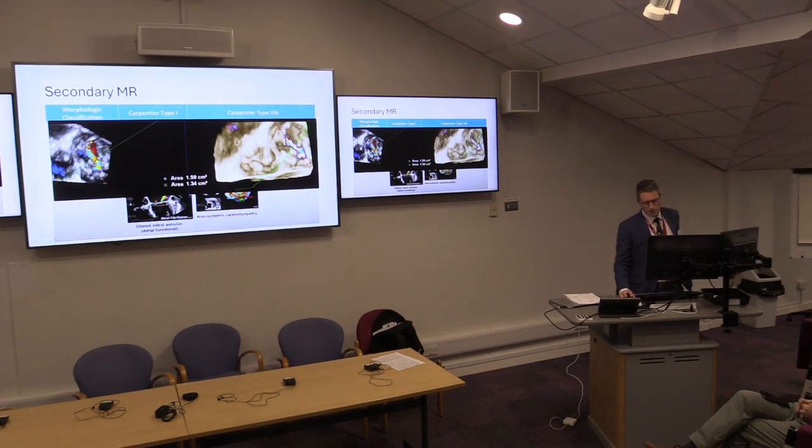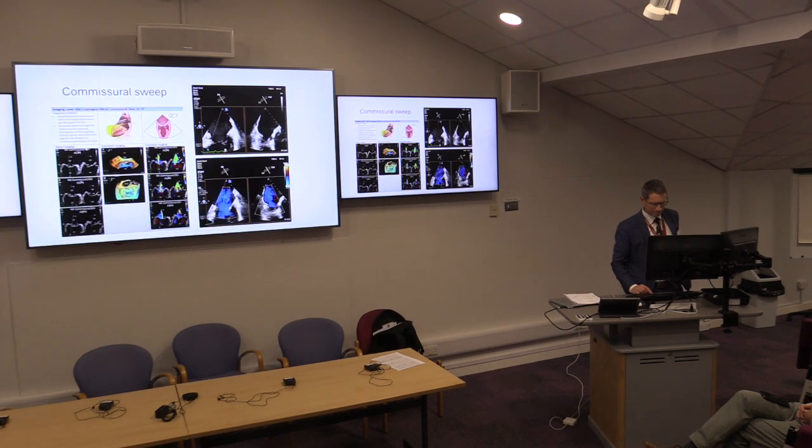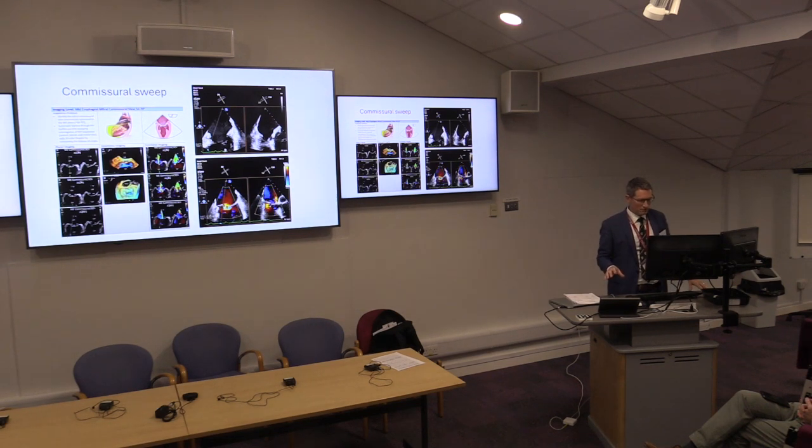Clearly, this jet is ellipsoid and crescentic, so it's right the way through the mitral annulus. So if you just look at this in one plane on a 2D echo, you're going to underestimate the degree of MR. And that's why this is probably, for me as an imager, the most important thing that we've done to change our assessments of the mitral valve.